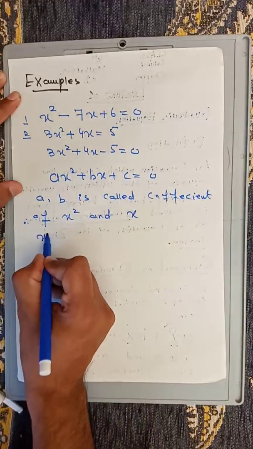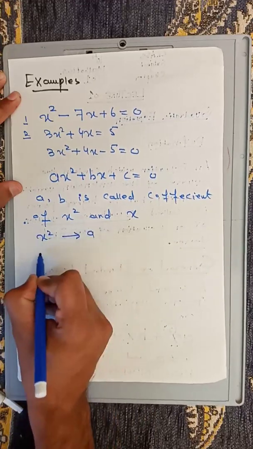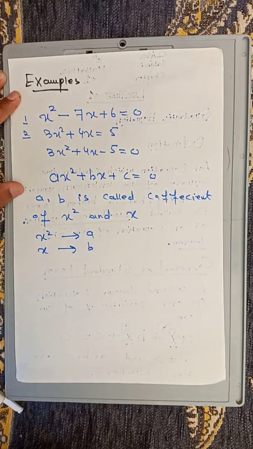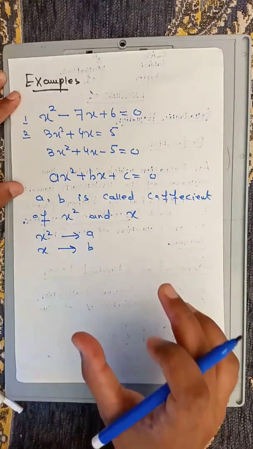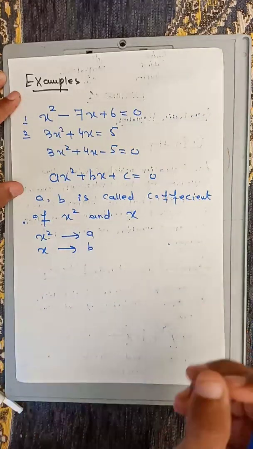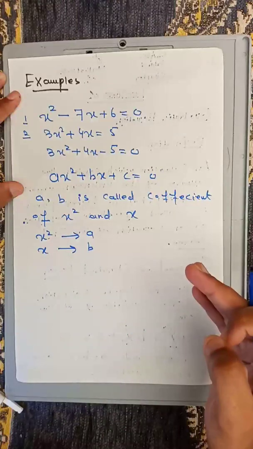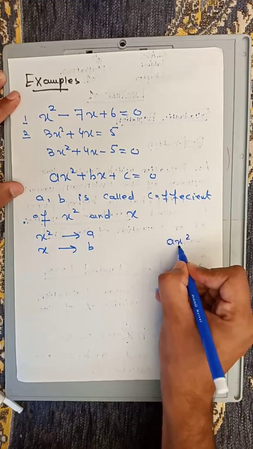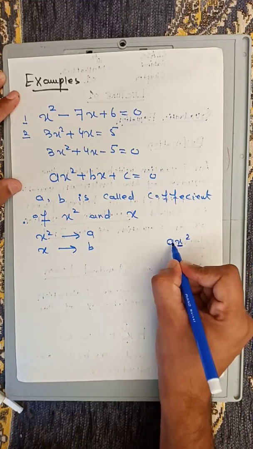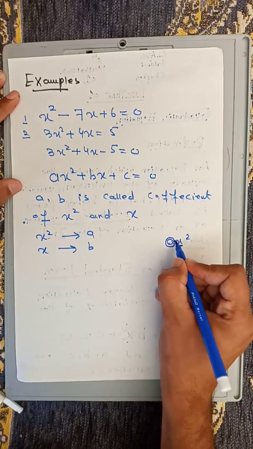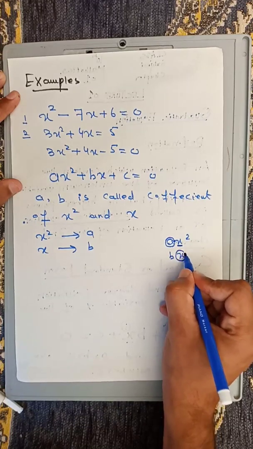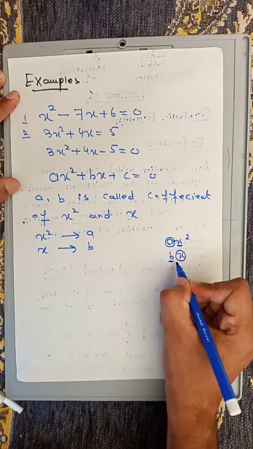The coefficient of x square is a, the coefficient of x is b. Why do we call a, b coefficients? A coefficient is basically a number written with the variable. For example, here x square is the unknown variable, and that is why a is called coefficient. Here bx, x is the unknown variable, so b is called coefficient.